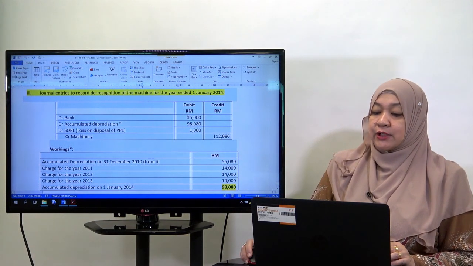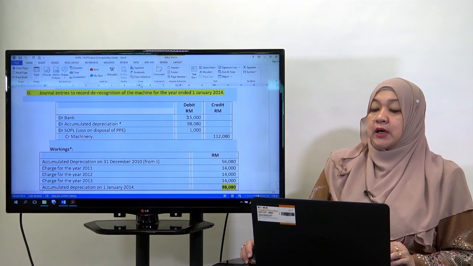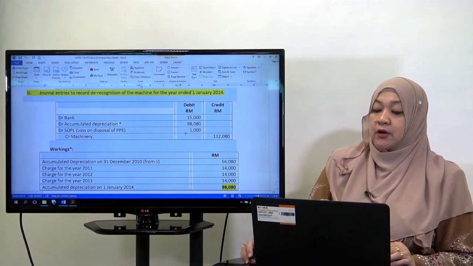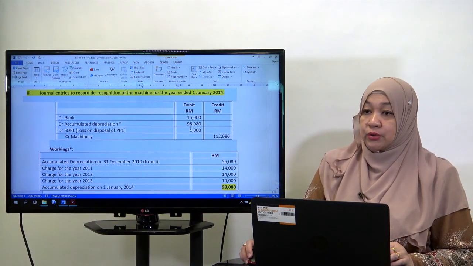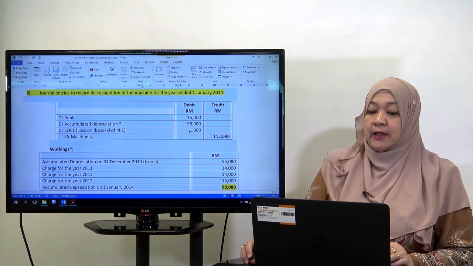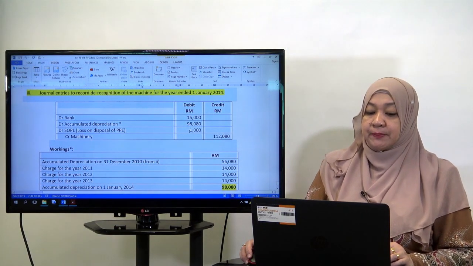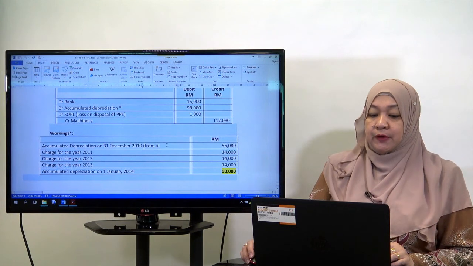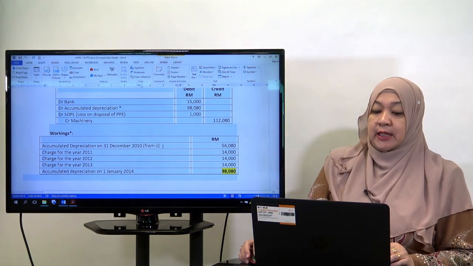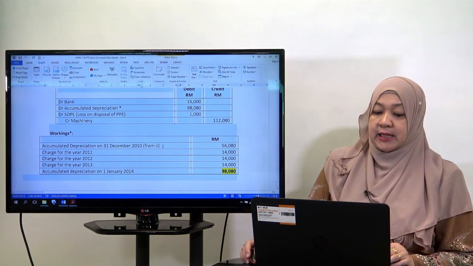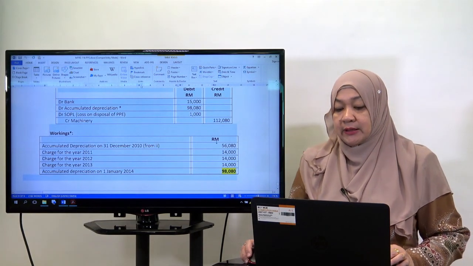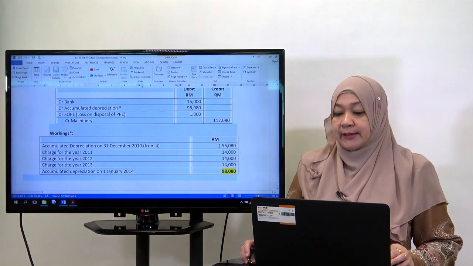Now the next thing is we have to determine the total amount of depreciation that we also need to derecognize. Right? To determine the total amount of depreciation, we continue from our earlier calculation. That is the total depreciation as at 31st December 2010 is 56,080.